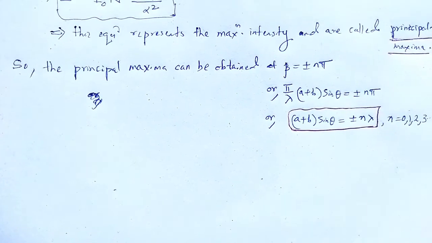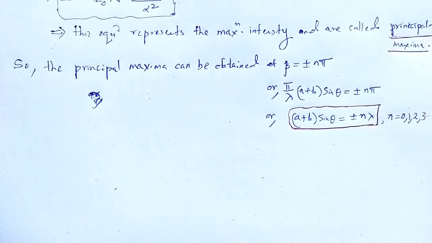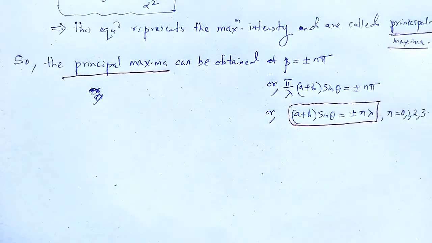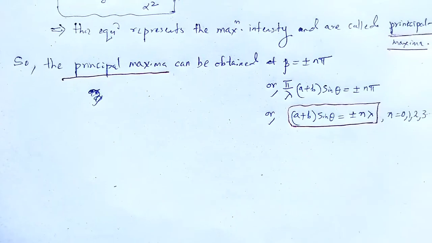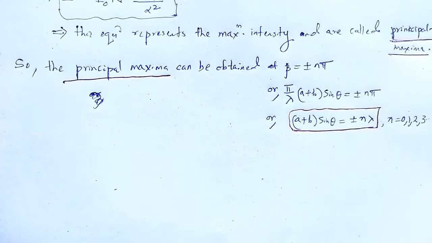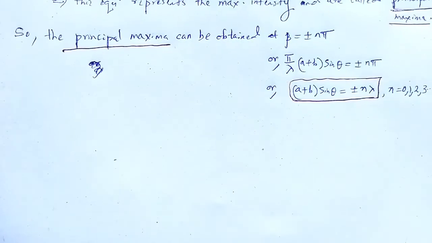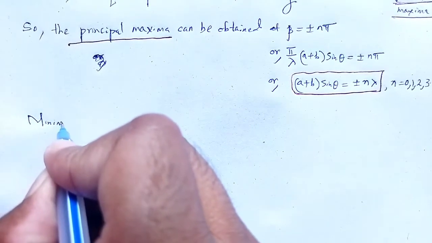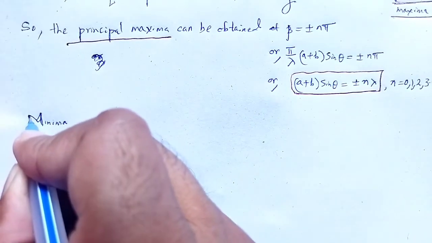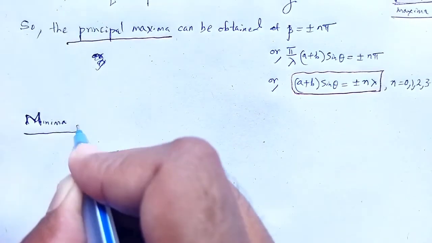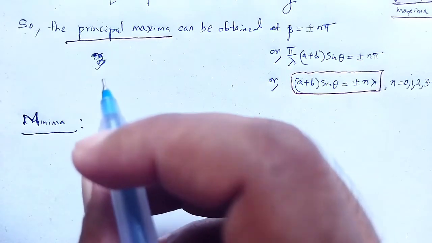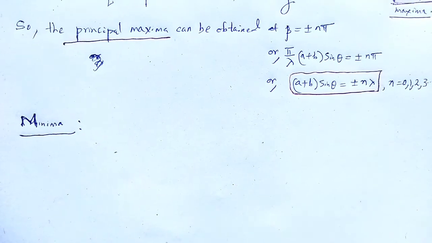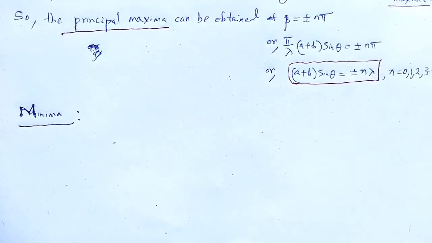Now, we have obtained the condition for principal maxima. Then secondary minima: how is minima obtained?